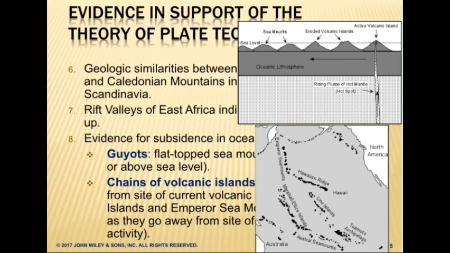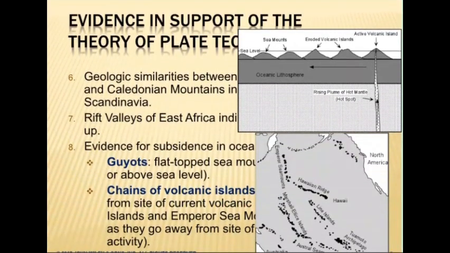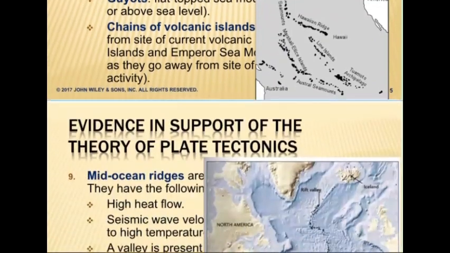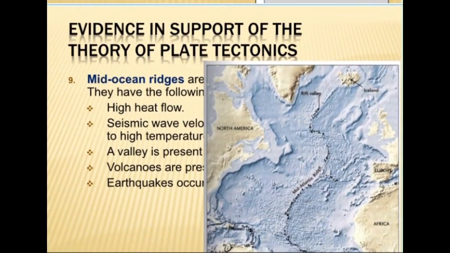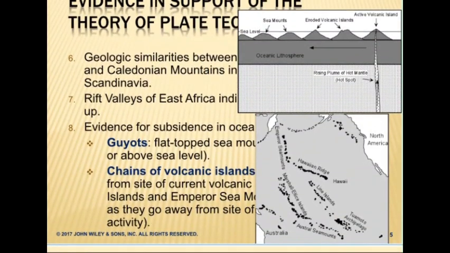We talked about similarities already, so I don't want to talk about that point anymore. And then there's evidence of subsidence in the oceans. And that pertains to a guy called Wilson Tuzo, who discovered hotspots. What are hotspots? Hotspots are the places where you have stationary plumes that basically whirl up and form a volcano on the surface.